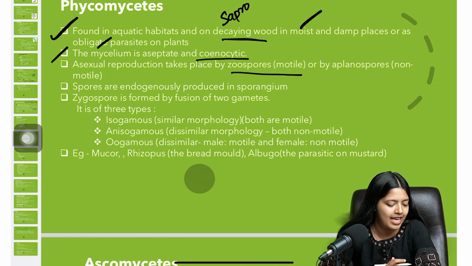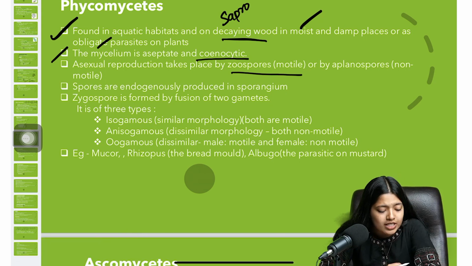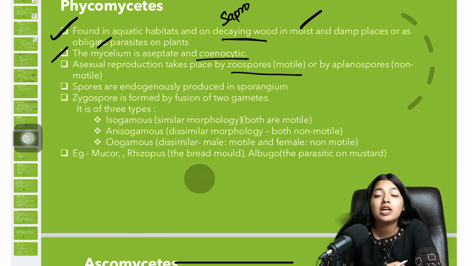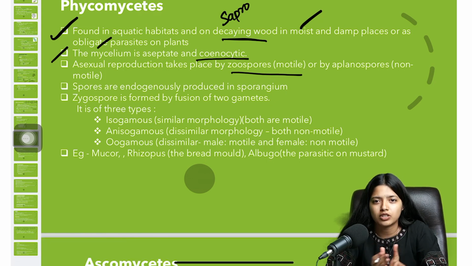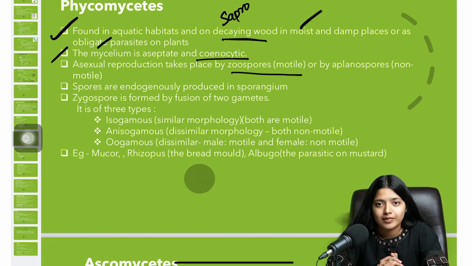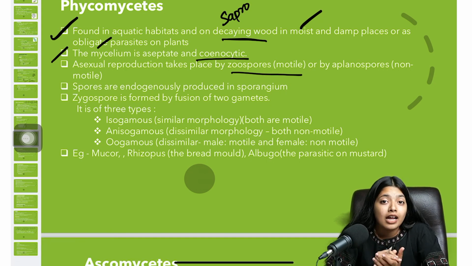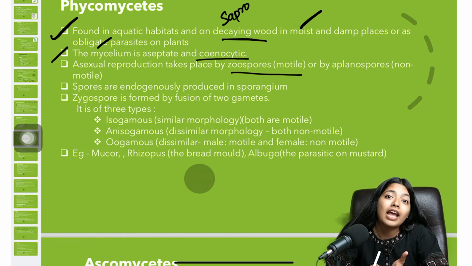Now, spores are endogenously produced in the sporangium. Sporangium is the spore-producing structure. Spores are produced inside a particular structure, a bag-like structure, and we call it the sporangium. So inside this sporangium their spores are formed. And how are the spores formed? Endogenously.